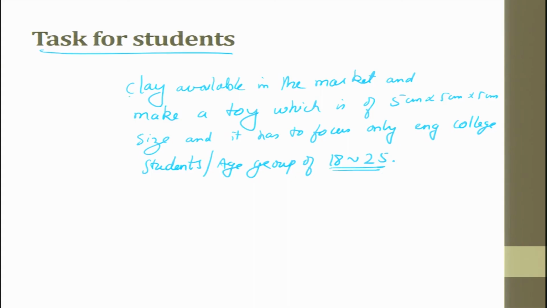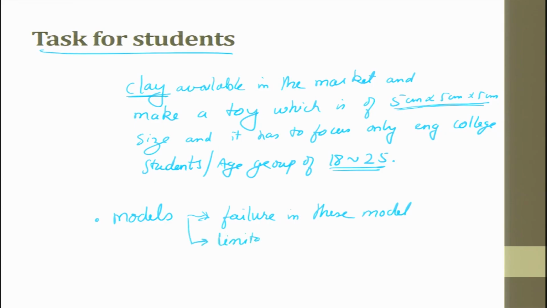You have to make a clay model whose dimensions should not cross 5 centimeter by 5 centimeter by 5 centimeter. Please do this exercise and try to see how we make models, and then you will see what failures can happen in these models, and then you will also see the limitations of these models.